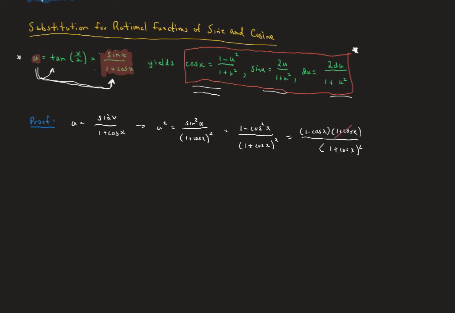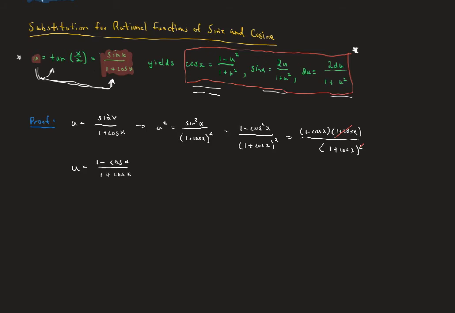That will allow us to cancel one of those 1 plus cosine x's, and so what we have is that u is right now equal to 1 minus cosine x over 1 plus cosine x.